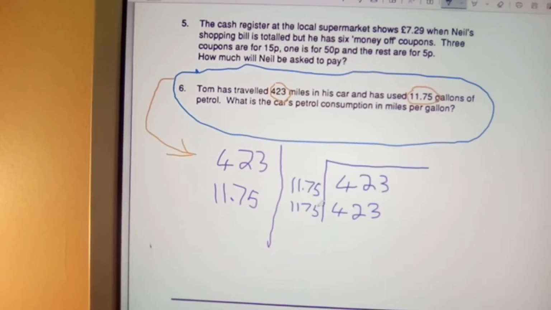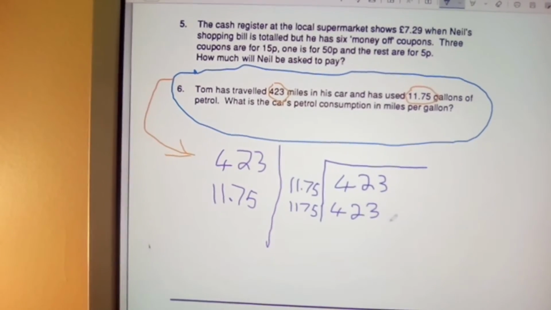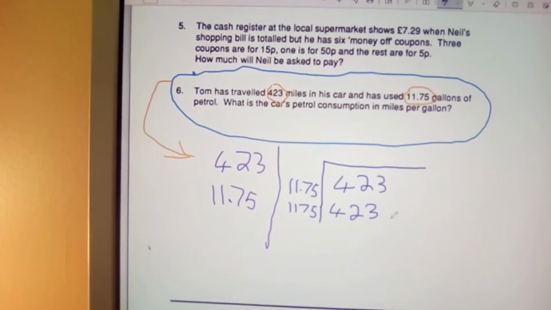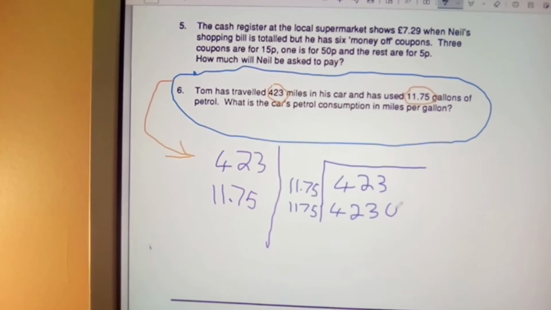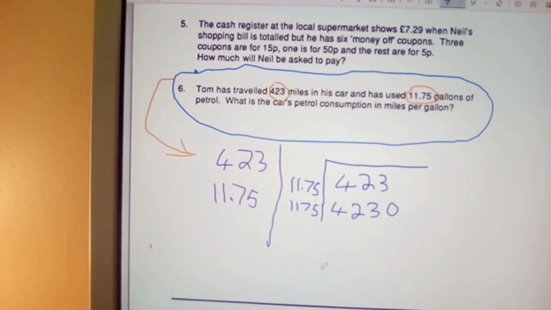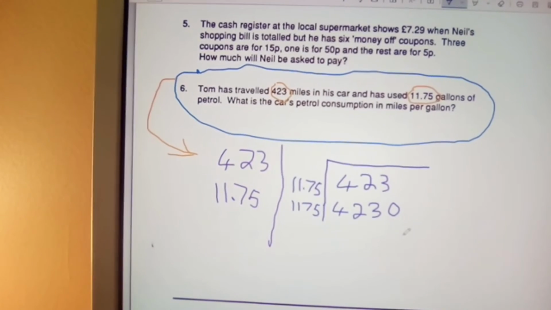So 1,175 into 423 cannot go. But because it's a whole number, I add a naught.